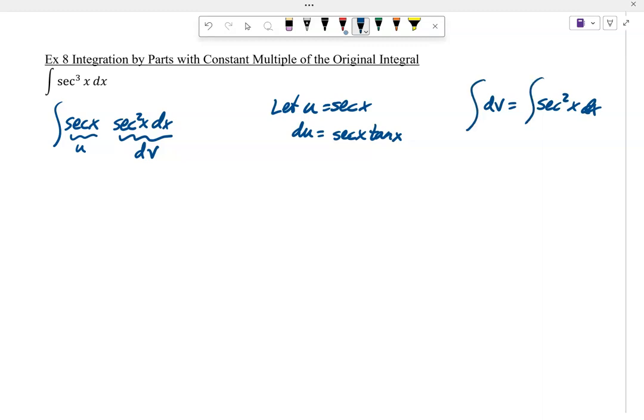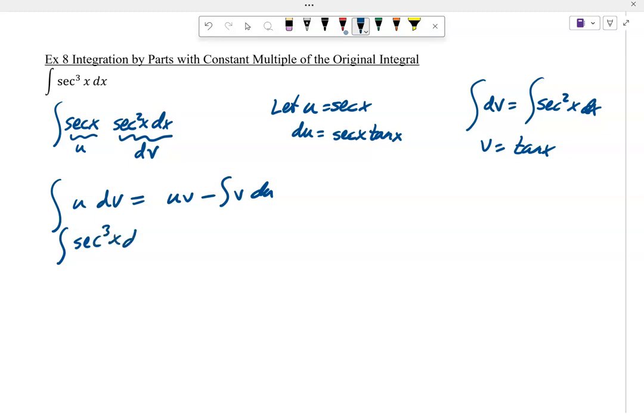I know I have a basic integration for the secant squared, it's just the tangent. So the integration of u dv is uv minus the integration of v du. And so the integration of the secant cubed becomes u times v minus the integration of v du, just secant tangent dx.